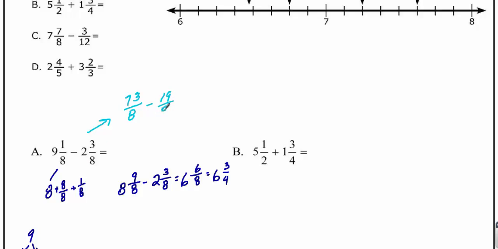So we have 19/8 for the second part. If you do 73 take away 19, you get 54. So you have 54/8. 8 goes into 54 6 full times with 6 left over, so 6 and 6/8, which is my same 6 and 3/4.